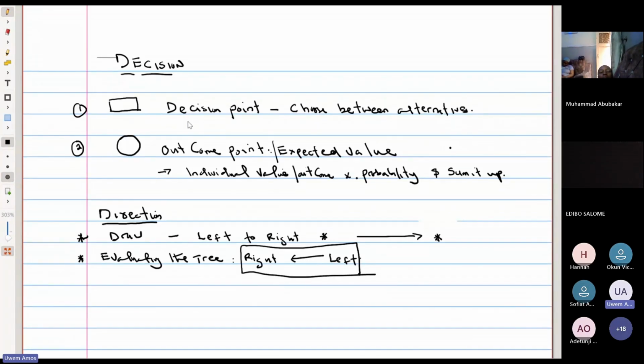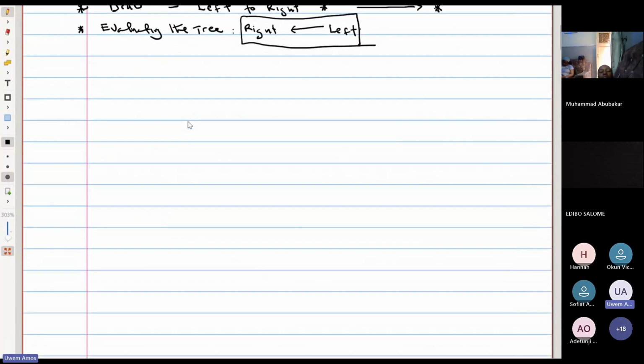So let's draw out the different decisions that the company has to make at that point in time. And Adetunji identified them clearly, 3 decisions.